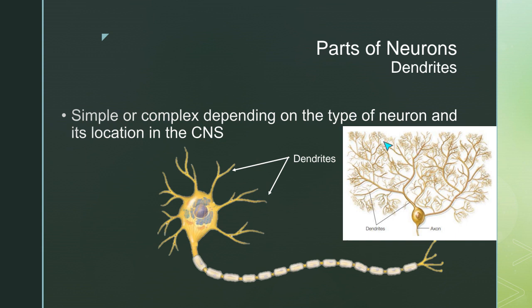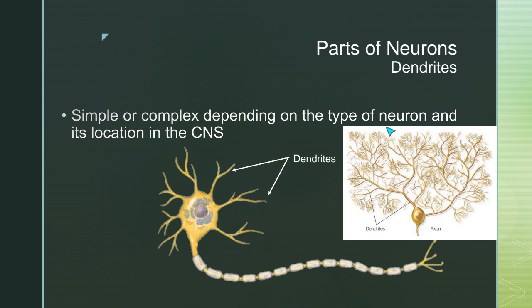This is an example of what a dendrite in the cerebellum might look like. Basically, the complexity of the dendritic arrangements for a given cell depends on the type of cell and the location of the neuron in the brain.